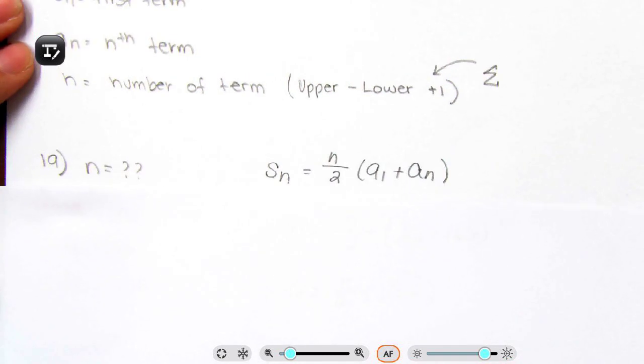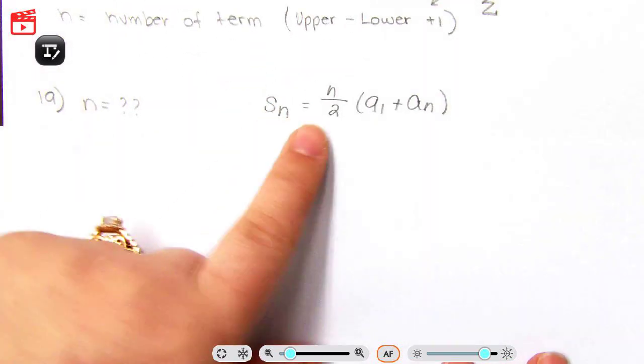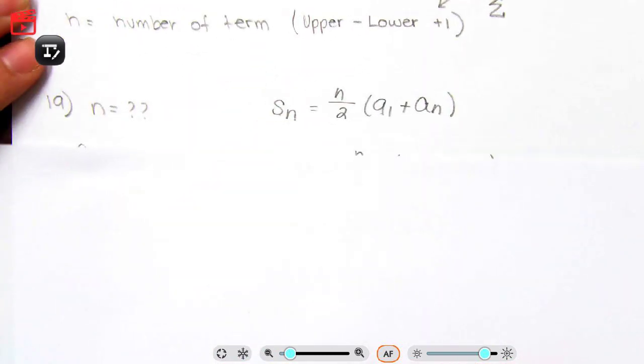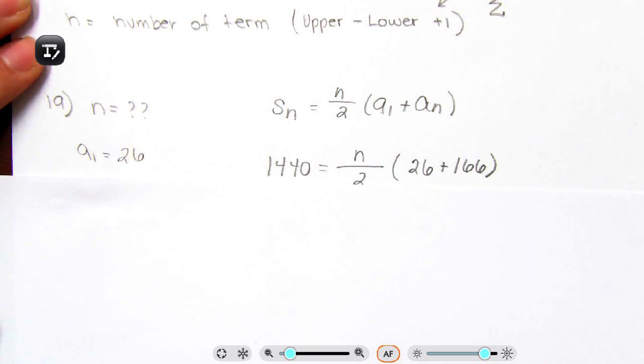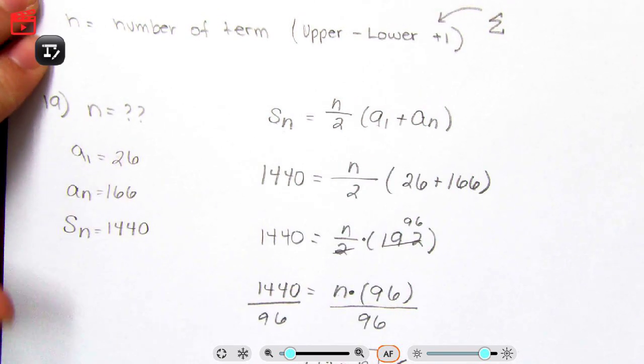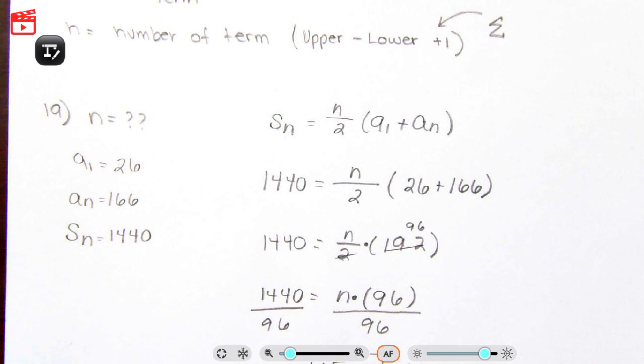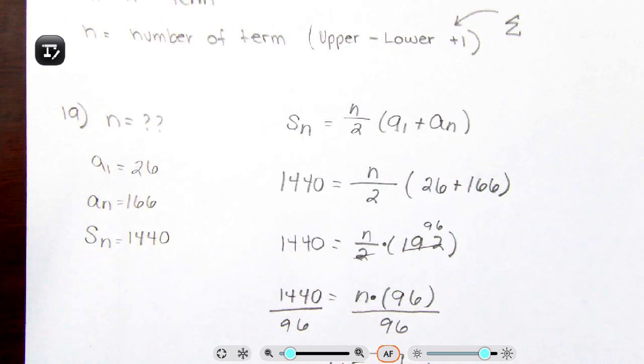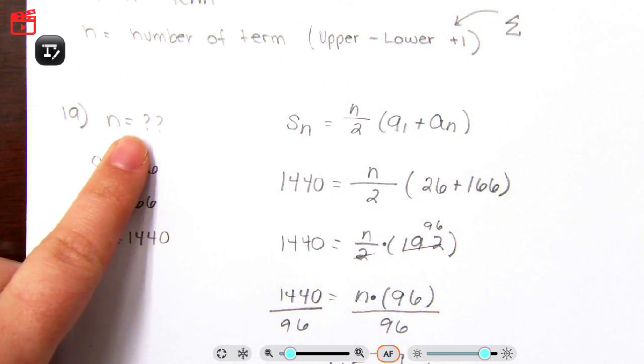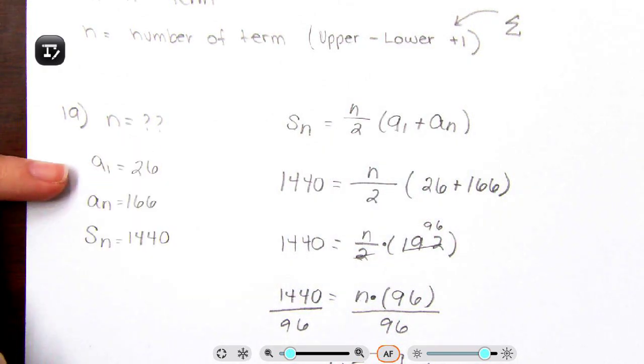All right, so let's go ahead. So here's our formula. I'm going to rewrite it again. So we know some things. N is what we're trying to find. In number 19, it's asking you to determine the number of terms. So we need to find out what n is. A sub 1, they give us that information. A sub 1 is 26.